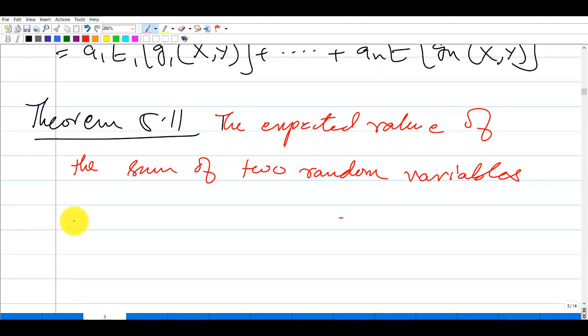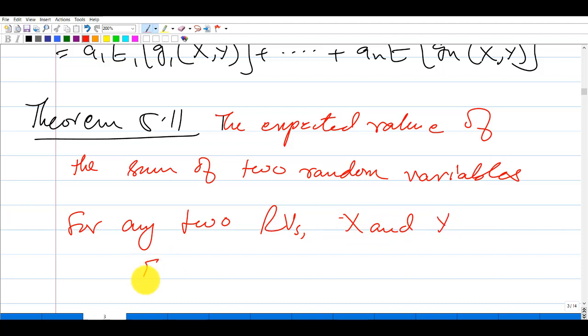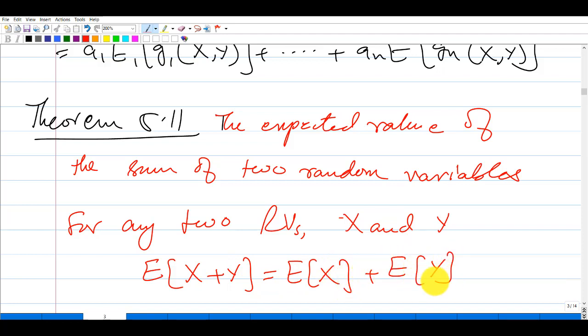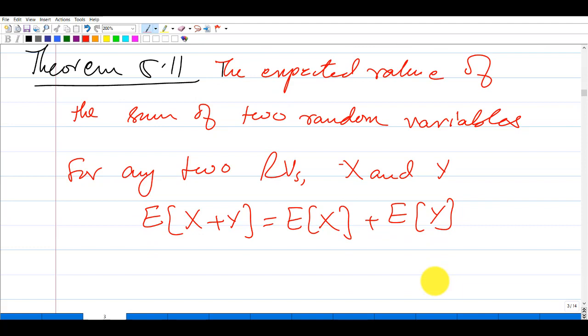It says that for any two random variables X and Y, the expected value of X plus Y is equal to the expected value of X plus the expected value of Y. So that is very convenient.